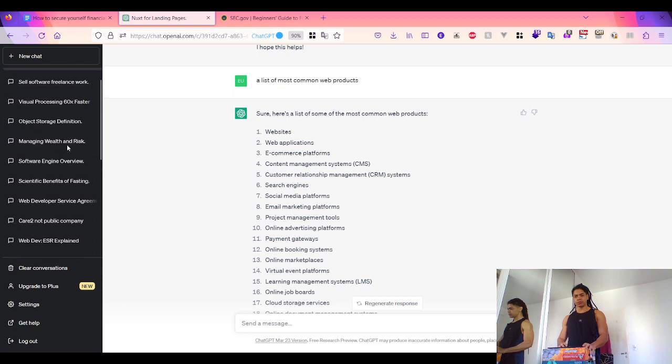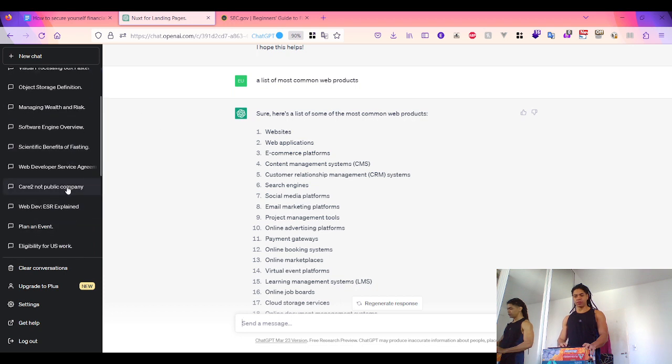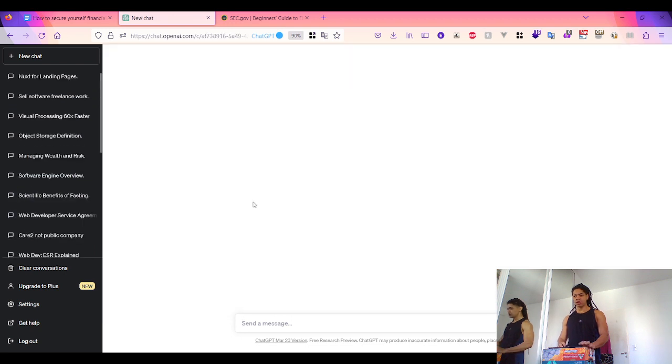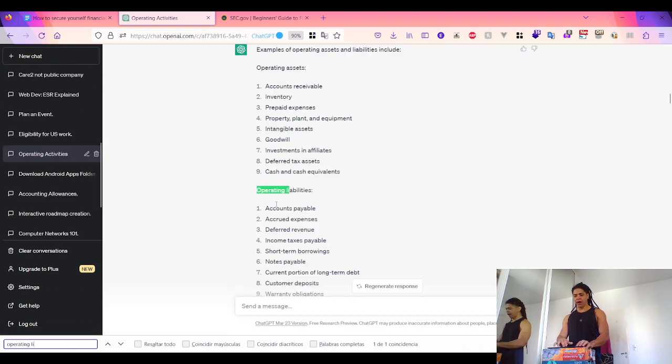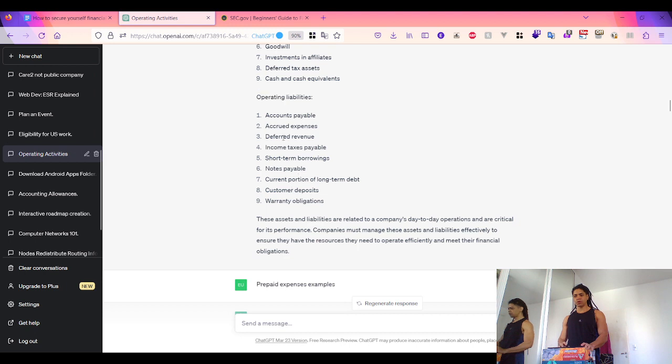For example, in operating liabilities we have accounts payable and accrued expense, which in Spanish is gastos acumulados. Accounts payable is something I already mentioned.